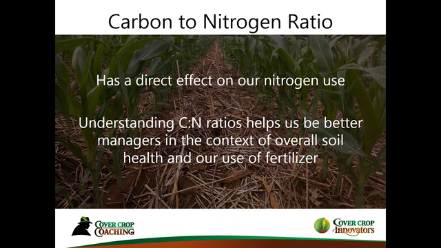And we're all aware of some cover crops that are legumes, like hairy vetch or crimson clover, that actually provide nitrogen, and some are not legumes. Common ones, cereal rye, triticale, annual ryegrass, they need nitrogen to grow. But we're not really talking about that aspect so much today. We're talking about the carbon to nitrogen ratio as it's measured in the foliage, in the biomass.